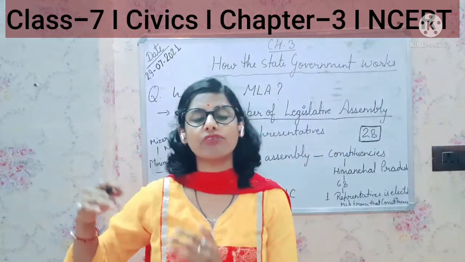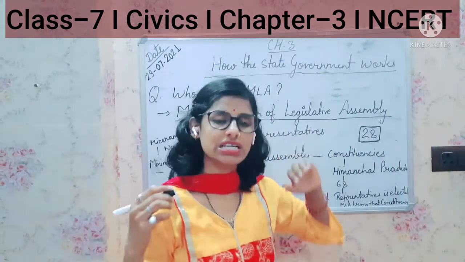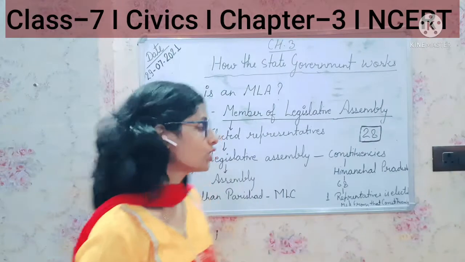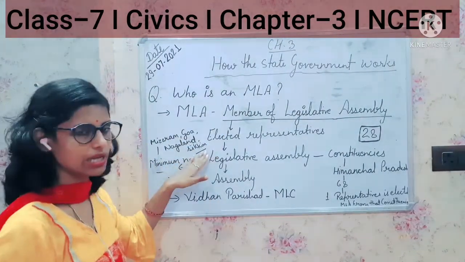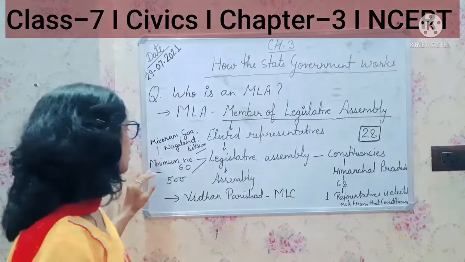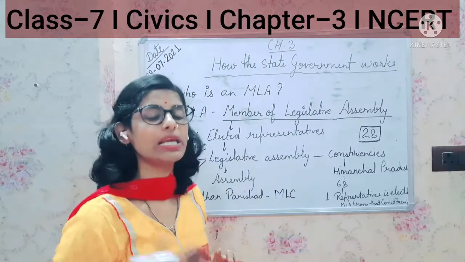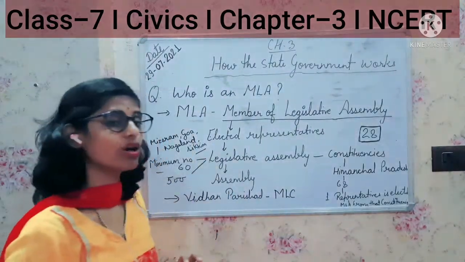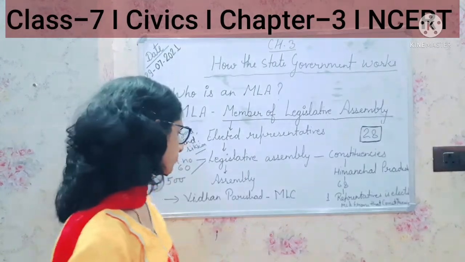Where there is less population, the number will be less. Here is an example: Mizoram, Goa, Nagaland or Sikkim are states having less population. The minimum number of members can be 60 and the maximum number can be 500.